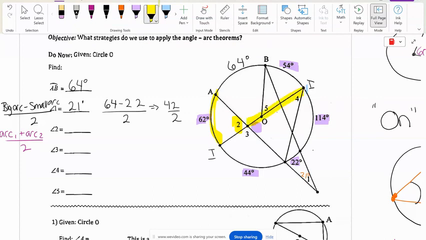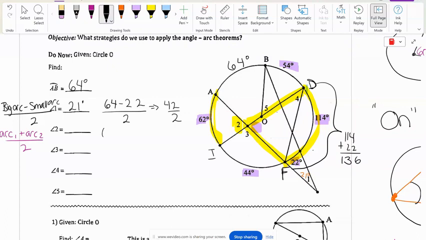Now, angle 2's vertical angle is going from point, I don't know what letter that was supposed to be. I think that was supposed to be a D, all the way to F. So the second arc we're dealing with is not 114 and not 22. It's 114 plus 22, which is 136.